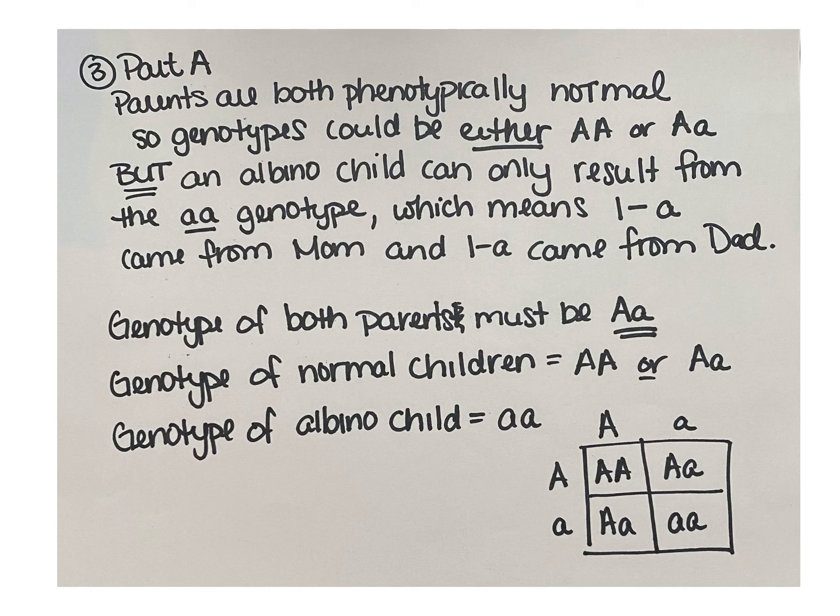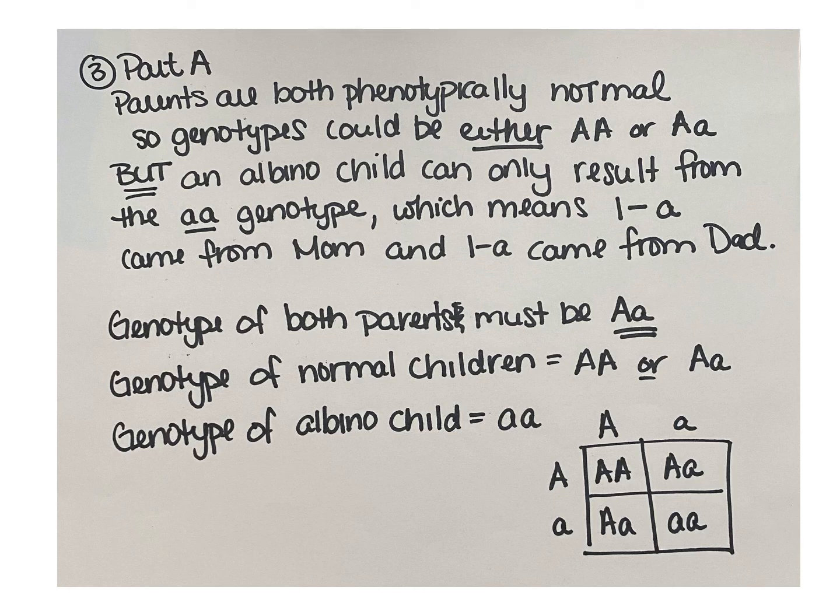So the genotypes for these individuals could either be homozygous dominant or heterozygous. But an albino child can only result from the homozygous recessive genotype, which means one copy of the recessive a had to come from mom and one copy of the recessive a had to come from dad.